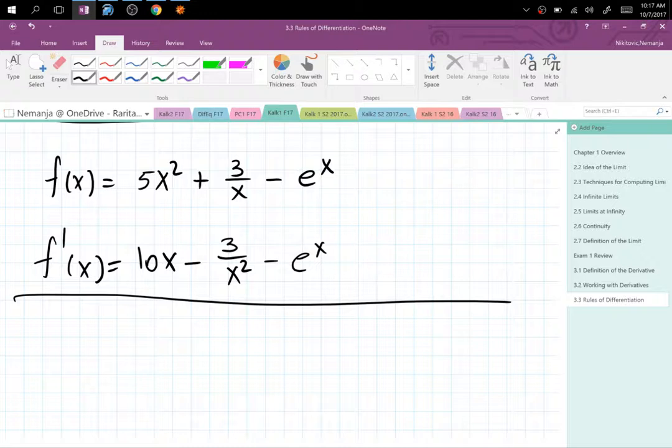Now, there is one problem that is going to be in every section of chapter 3. And that problem starts with find the equation of the tangent line. Entire chapter 3 is focused on figuring out different ways to take derivatives. We learned how to take the derivative using the limit, and that turned out to be labor intensive.